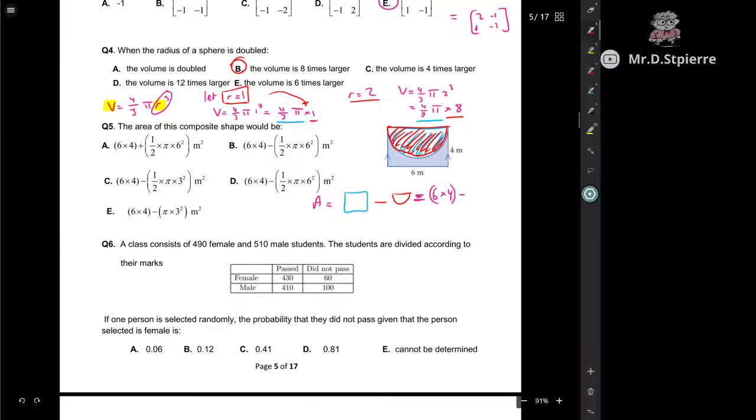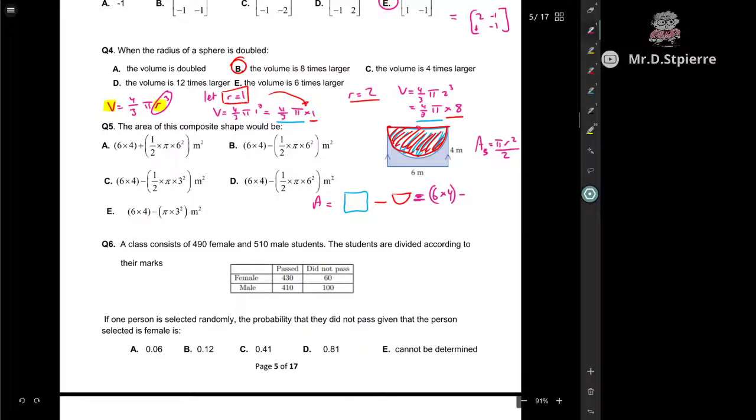And then we're going to take away the area of the circle. Now, area of a circle is equal to pi r squared. We've got half of it, so area of a semicircle is pi r squared on 2. Or in the way they've written it, they've got a half out the front. This one looks like they may have tried to simplify, but we'll keep going and see what we get and then change the form as need be.